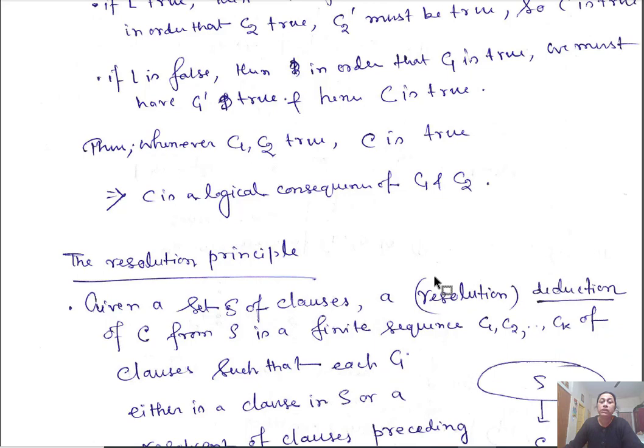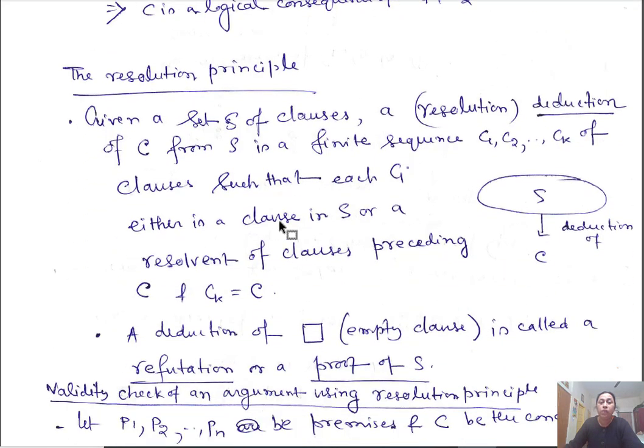Now the most important thing, the resolution principle. What is the resolution principle and how to apply it to check the validity of an argument. So given a set of clauses, we call it a resolution or deduction.